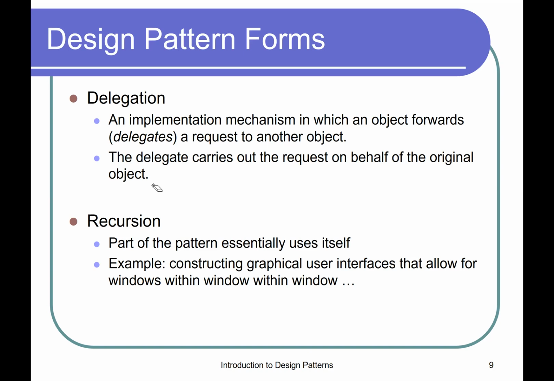Now, every design pattern has an engine, and we have two types of engines. The engine is the way the design pattern actually works, the actual communication between the different classes and so on.